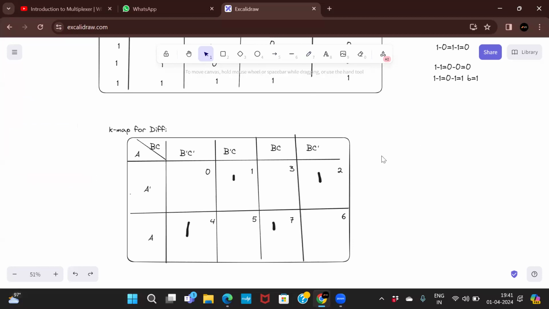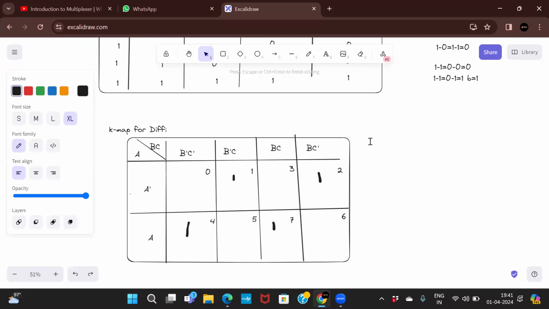Now first we'll solve the cell at 1. The A row has A bar and the column has B bar C. Taking that first one as reference, it is A bar, B bar, C. Are you getting it?